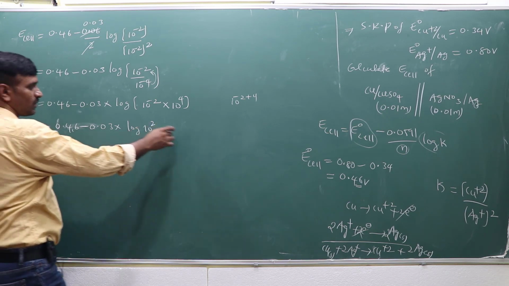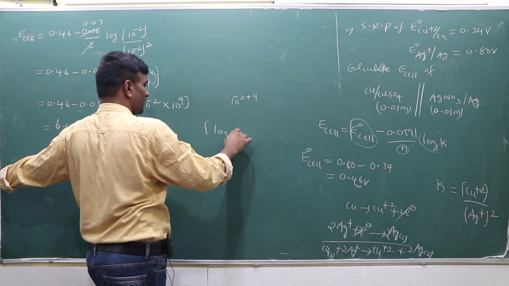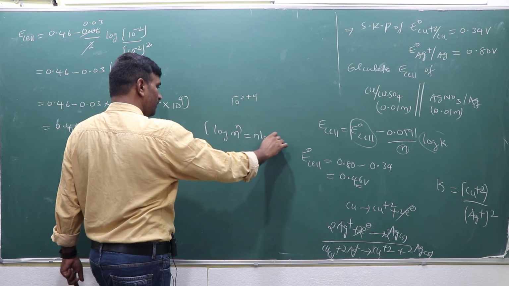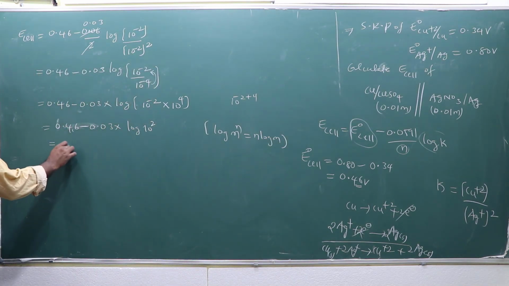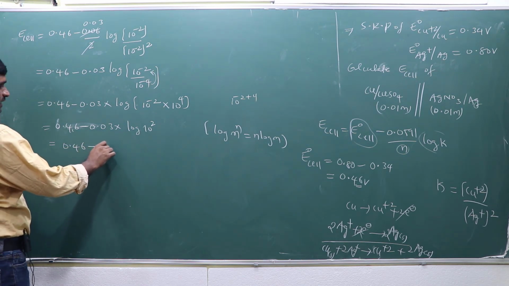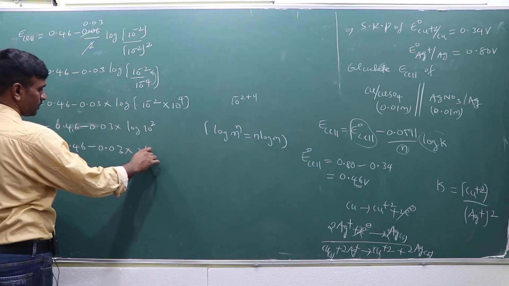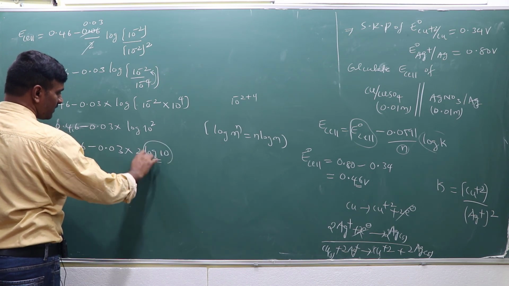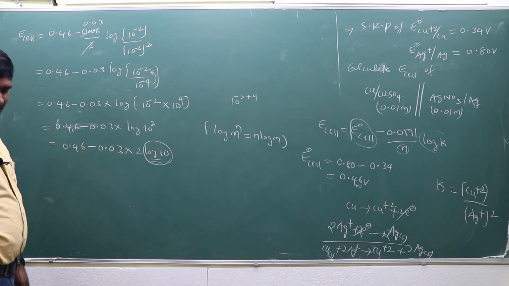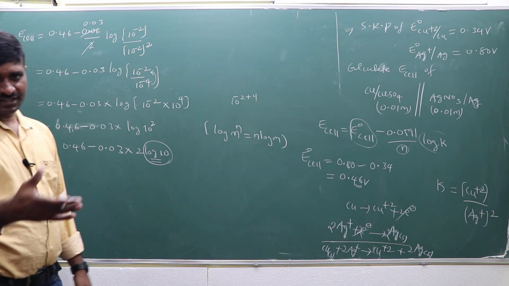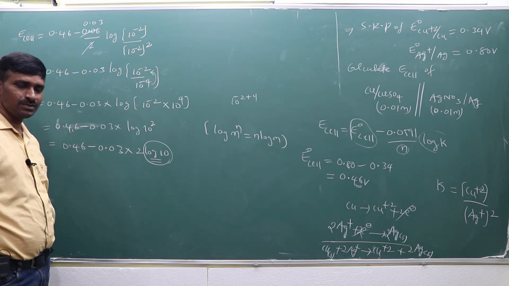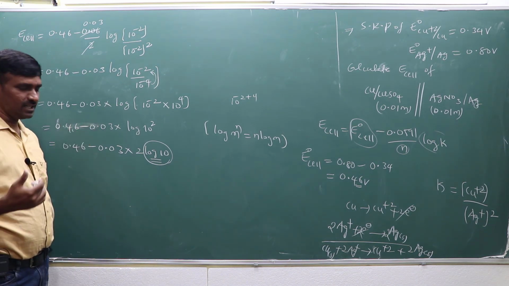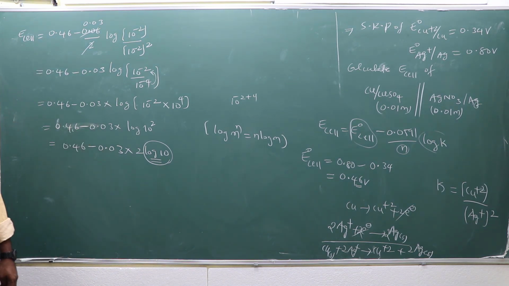This is log of m to the power of n, which we write as n log m. So this power I can write in this position before. Then 0.46 minus 0.03 into 2 log 10. I mentioned at the very beginning that you should check all the logarithm rules. I can mention some mathematical principles from the quantum mechanics point of view, the operator's point of view, so that it is easy to understand physical chemistry.